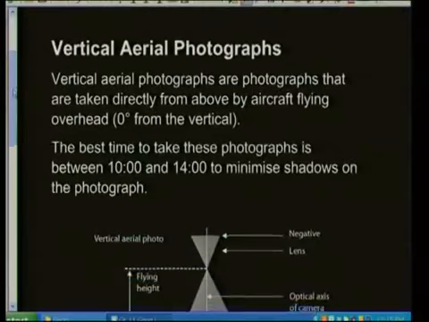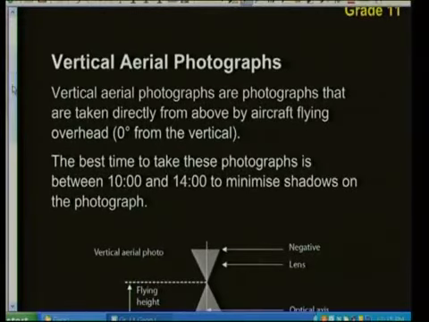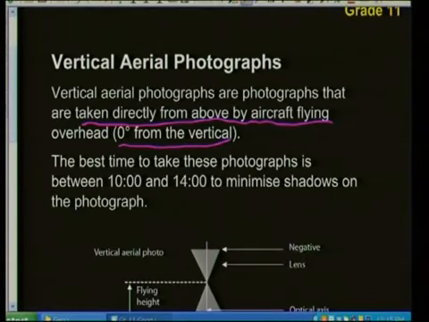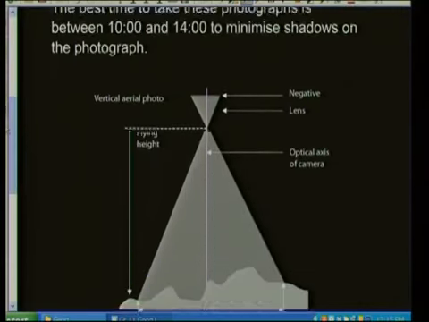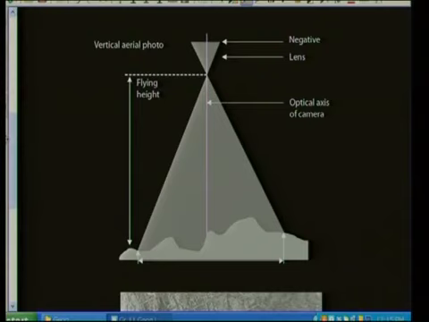Let's look first at our vertical aerial photographs. Vertical aerial photographs, as indicated here, are taken directly from above. The old way was aircraft flying, now it can also be taken by satellite. So it's 0 degrees to the vertical. What do I mean by 0 degrees to the vertical? If I look at this diagram, you can see there's the vertical, and it's taken here, 0 degrees to the vertical, straight from above.